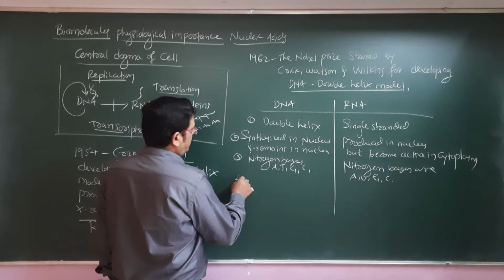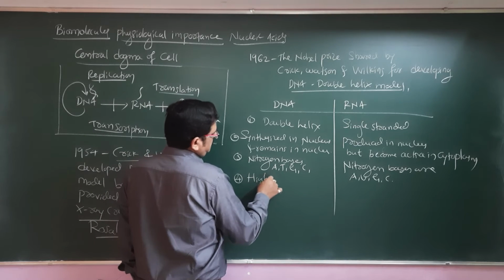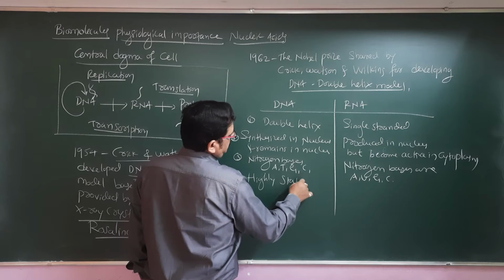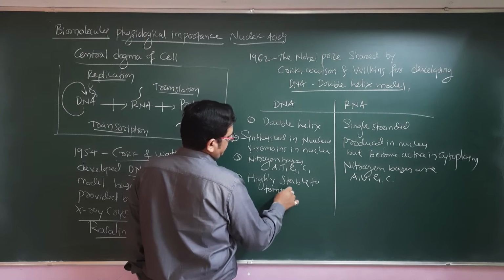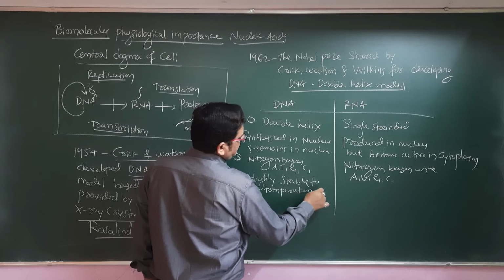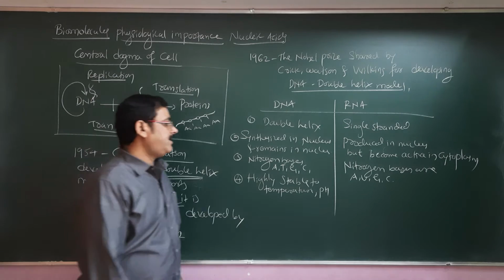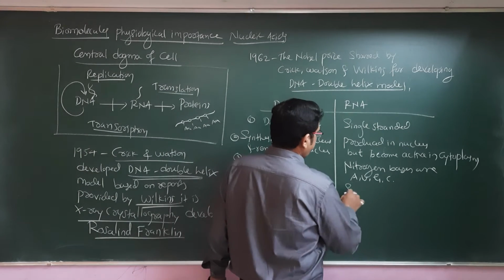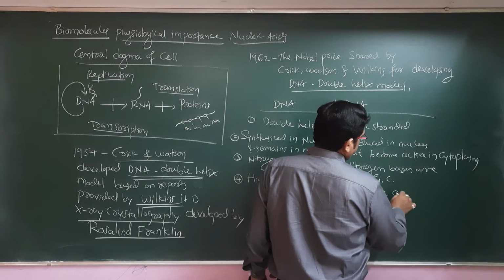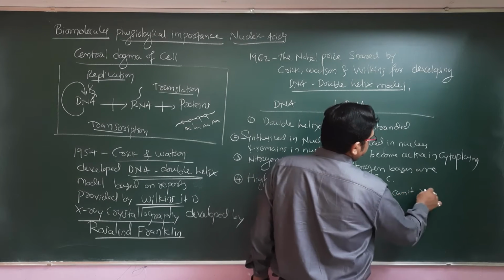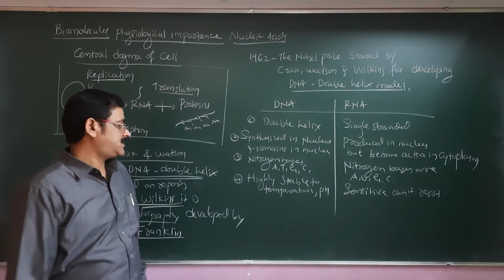Then number 4, DNA is highly stable to temperature and pH fluctuations, whereas RNA is sensitive and can't resist the fluctuations of temperature and pH.